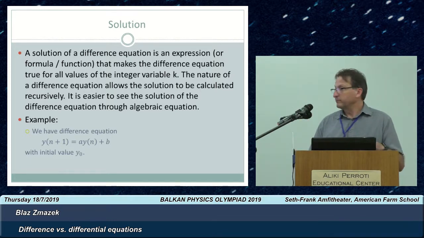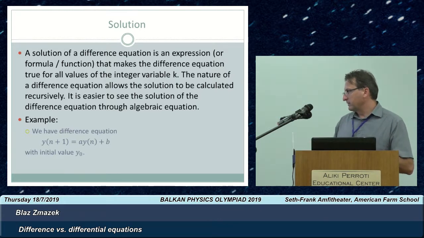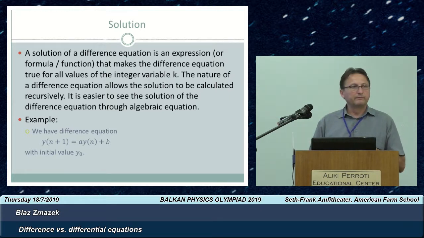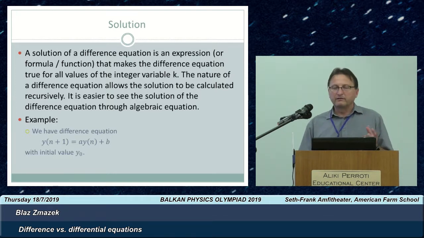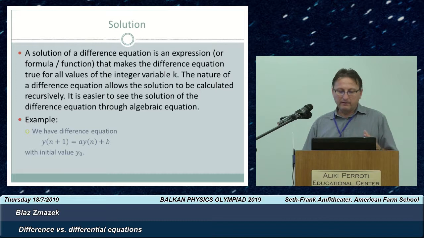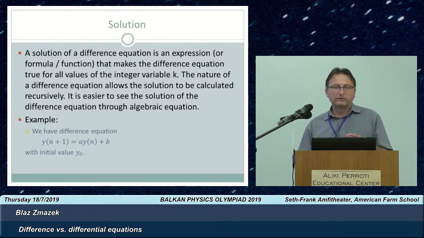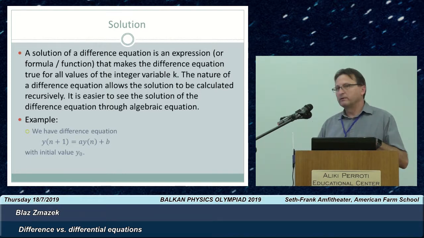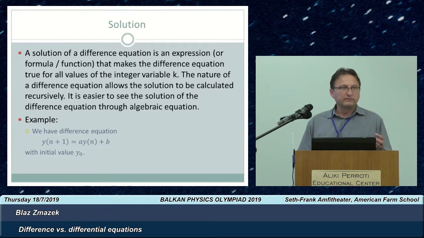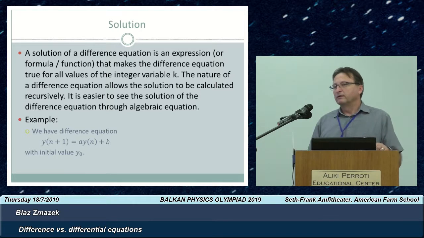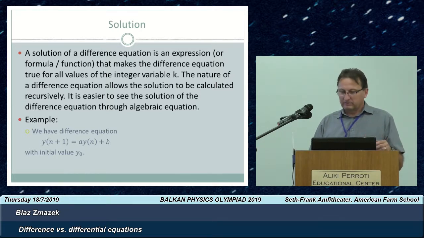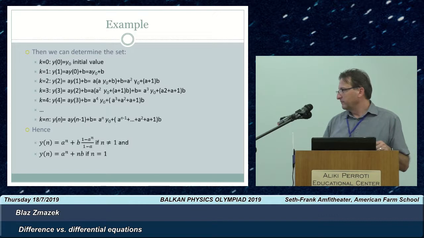Because if we want to calculate the value of y for 2019, we should not go through 2018 calculations, but we can just find the formula and compute it.